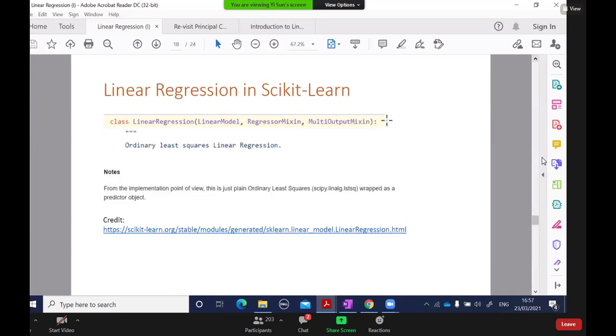Now, which method has been used to calculate the coefficients? If you check here, it says ordinary least squares linear regression. Basically, the normal equation is used to calculate the coefficients matrix.